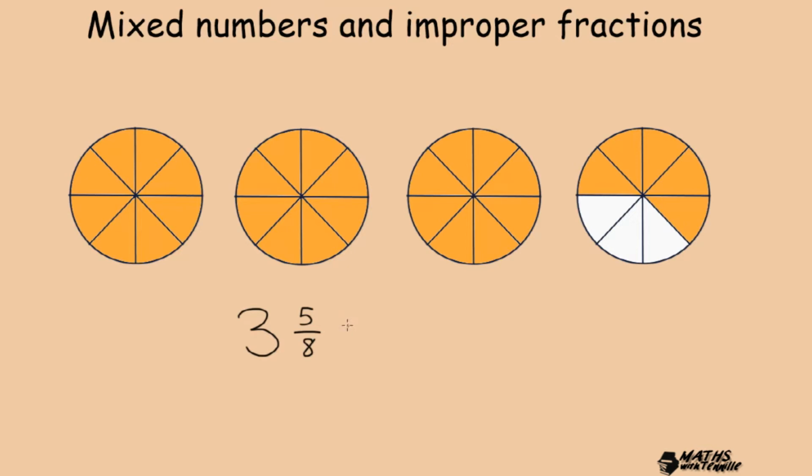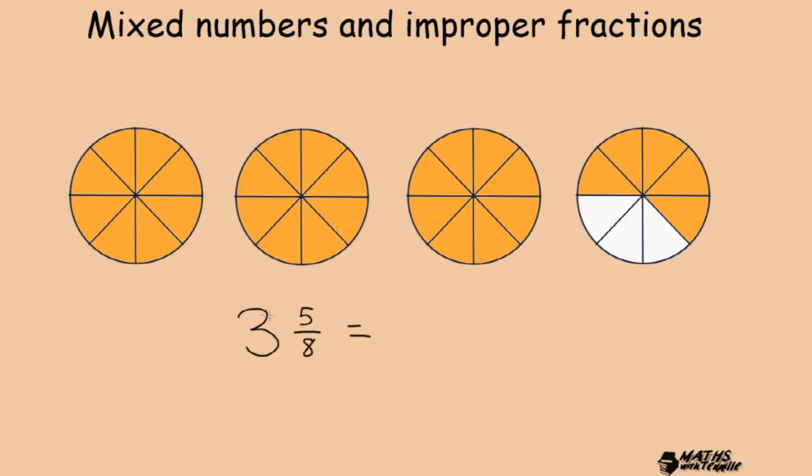Now we're going to change this to an improper fraction. The improper fraction is going to have a fraction where the number on top is bigger than the number below. I want to find out how many slices of pizza I have altogether. So I have 8 slices here, another 8 slices here, and another 8 slices here.